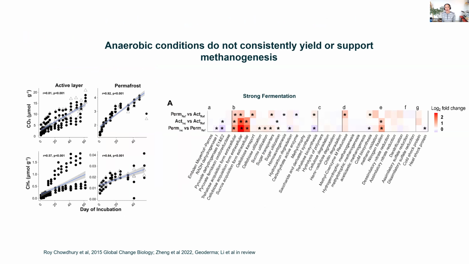So what we found out is that the anaerobic conditions were not consistently supporting methanogenesis, despite the fact that there is a strong fermentation. So we are seeing most of the processes being fueled to carbon dioxide instead of being utilized by the methanogens that also exist in the permafrost.